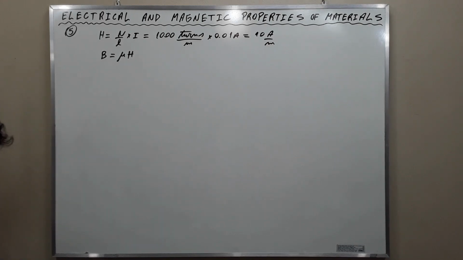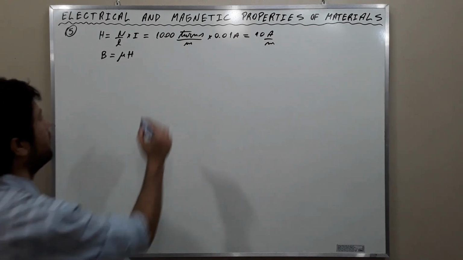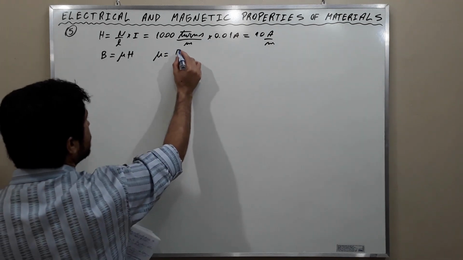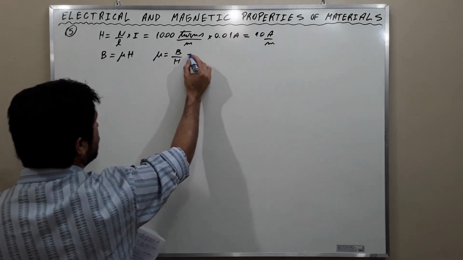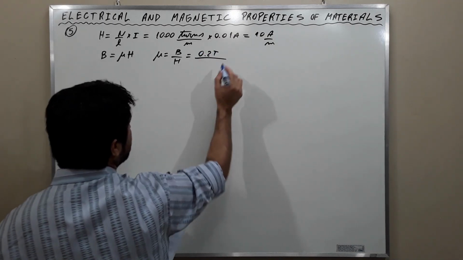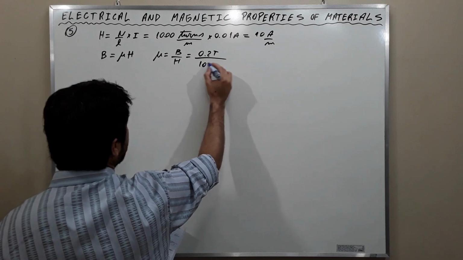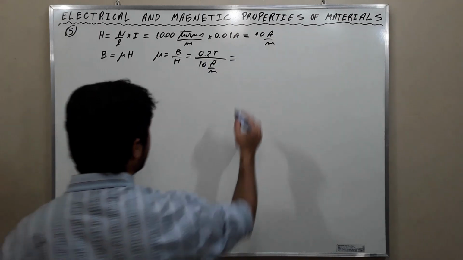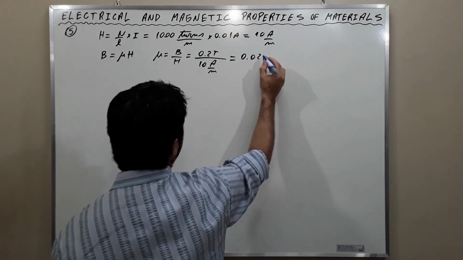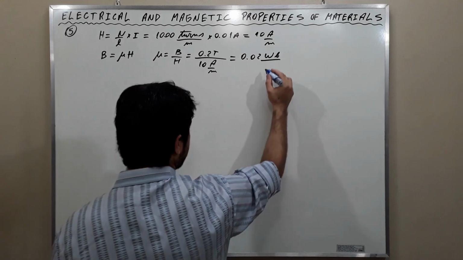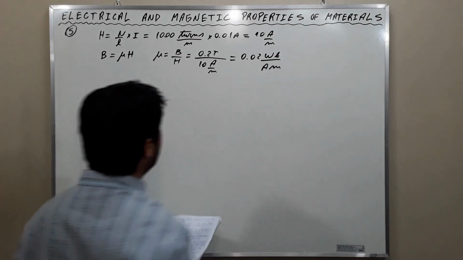Then we calculate the permeability as B over H, which is equal to 0.2 Tesla divided by 10 amperes per meter, and this is equal to 0.02 Weber per ampere meter. Okay?